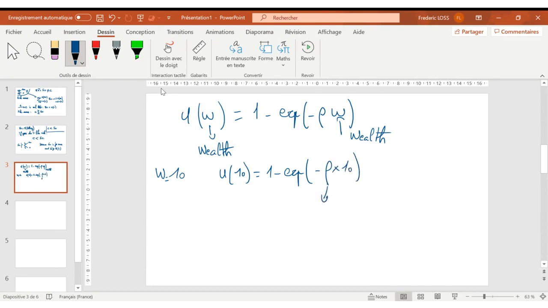And rho is a constant, so it belongs to R plus. And we'll see that actually it represents your risk aversion. The higher rho, the more you are risk averse.